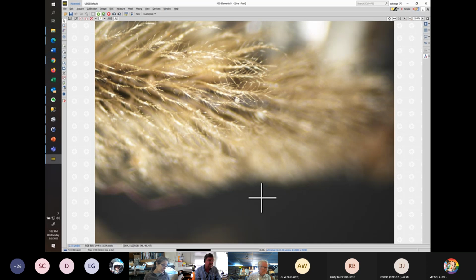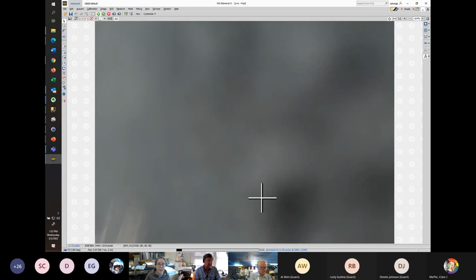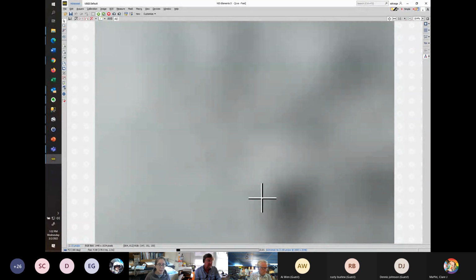But anyway, between these two species with the crazy scopal hairs, the way I tell them apart the easiest is that denticulatus has brown sternal hairs, whereas veroniae has very light colored sternal hairs, so on the underside of the abdomen.